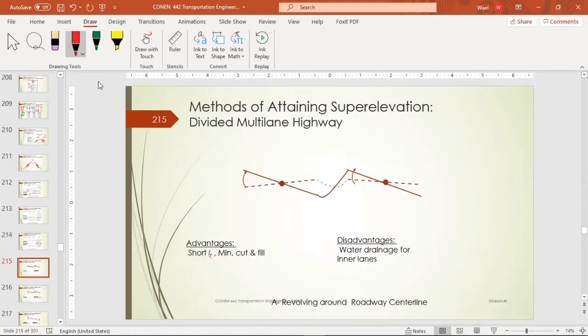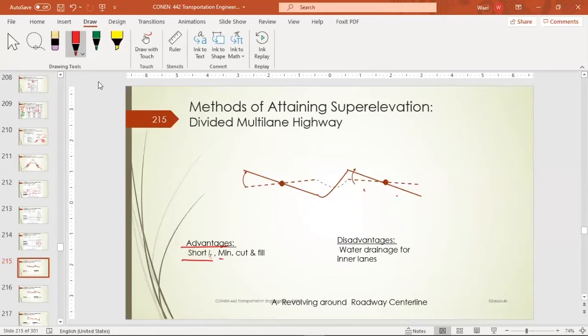Here, for example, if we have a divided highway, we can rotate around the center for each direction. So what are the advantages here? Short transition, because basically the number of lanes rotating, if this is a two lane, it's one lane, so we have a short transition.